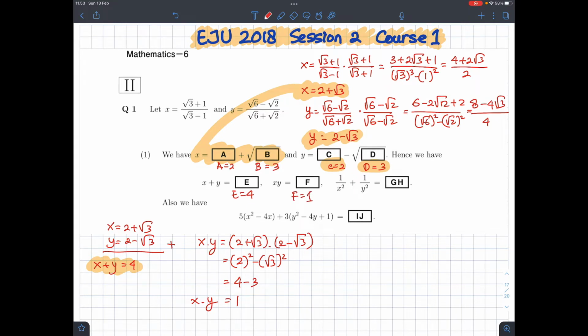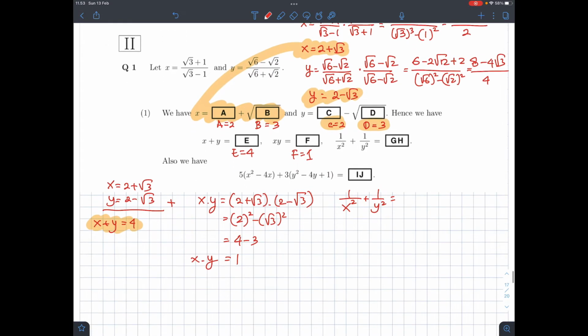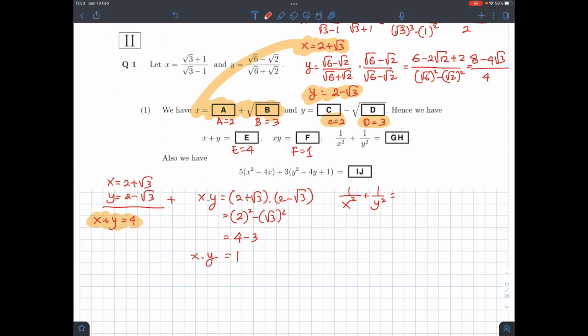Next they ask about 1 over x squared plus 1 over y squared. I think there are several ways to answer this kind of question, but I would like to use what we have here and here.